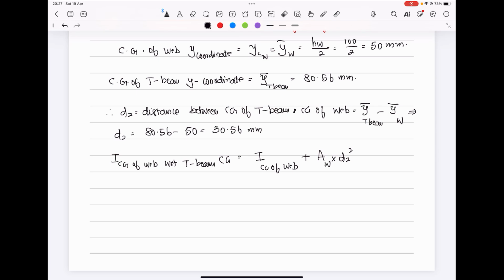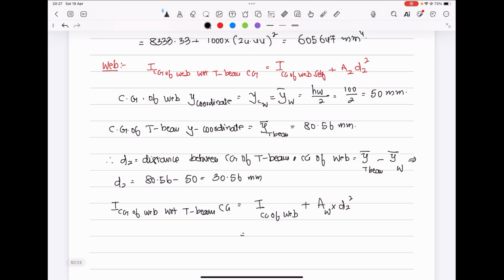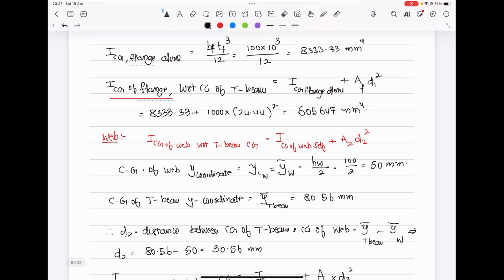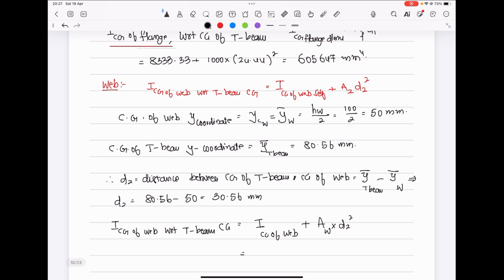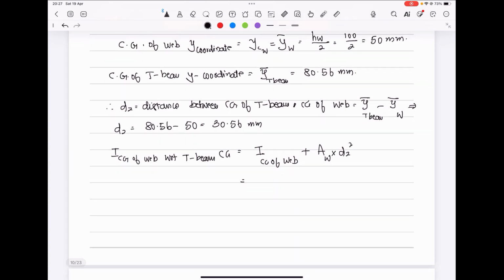Ultimately we have to find out with respect to T-beam CG. ICG of flange we have found out. ICG of web we have to find out.